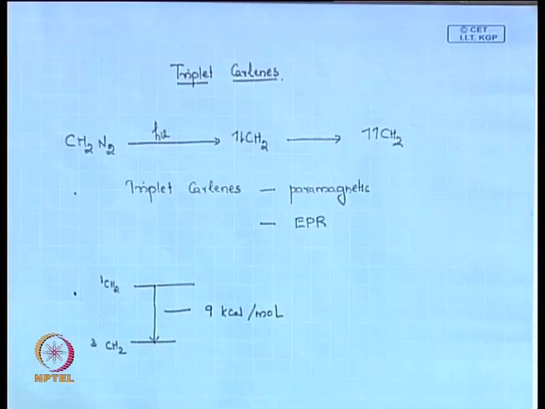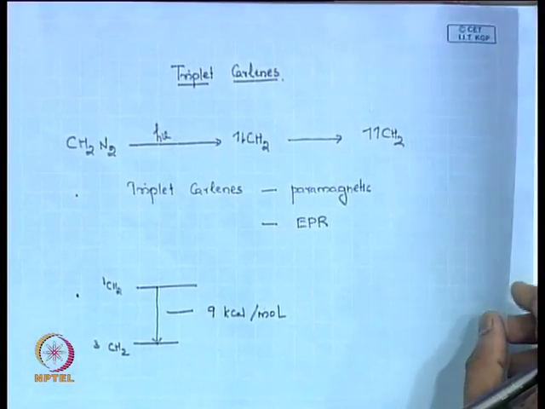That is why at low temperature it just moves down to the triplet. There are even cases where it is 6 kilocalories per mole, so it ranges between 6 and 9 kilocalories per mole. So, you can always push your carbenes from singlet to triplet.